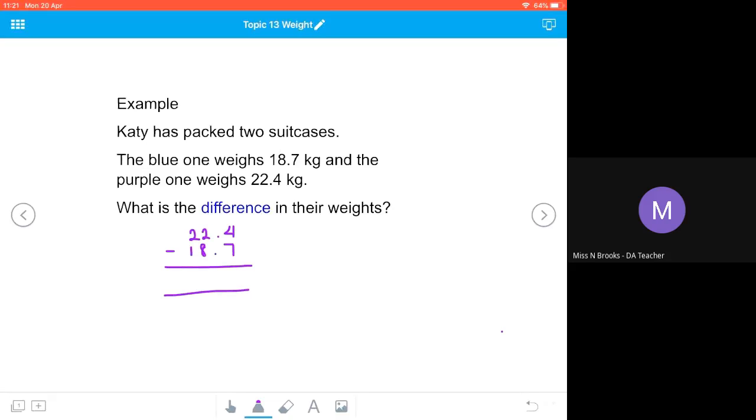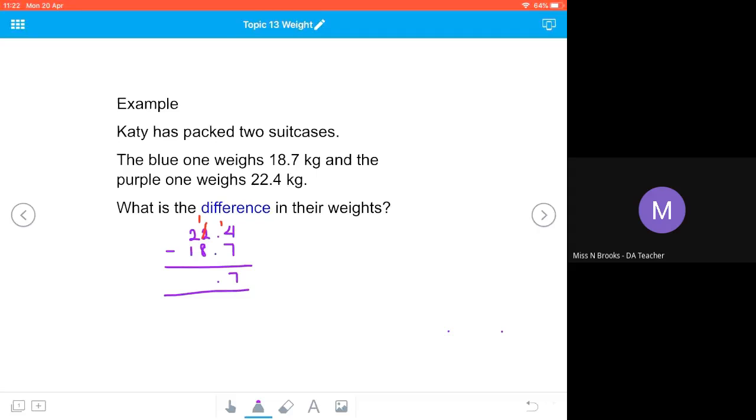Now, we're going to have to do some borrowing because, remember, you have to take the bottom number away from the top number, and we can't take 7 away from 4. So we're going to go and borrow from the units column and make that 14. And now we're doing 14 take away 7, and that gives us 7. We're lining up our decimal point, and now we need to take 8 away from 1.